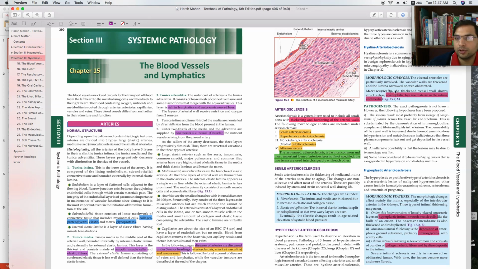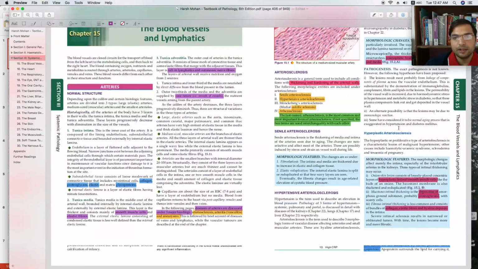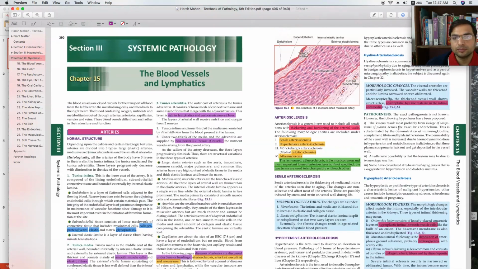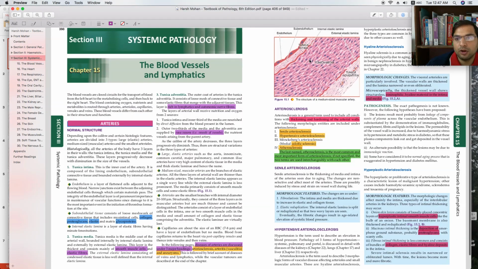So in arteriosclerosis, these layers, tunica media and tunica intima, become thickened and hardened because of the hyaline material and because of the eosinophils in them. Then also in hypertension, apart from the deposition of hyaline material in media and intima, there is hyperplastic intimal smooth muscle cell.